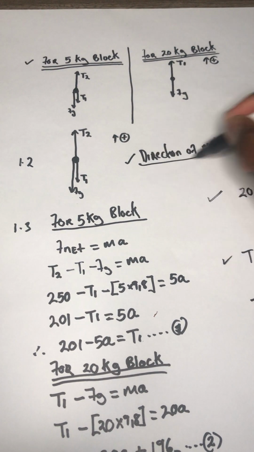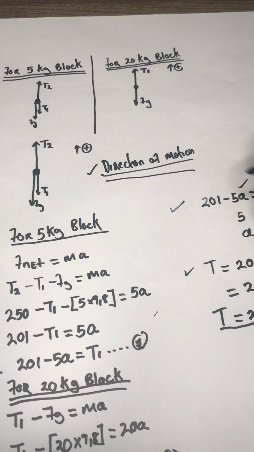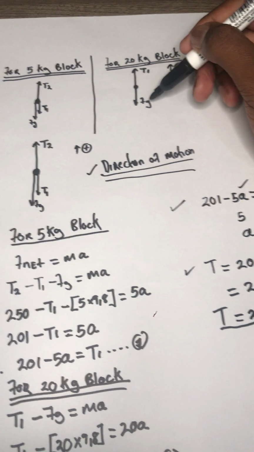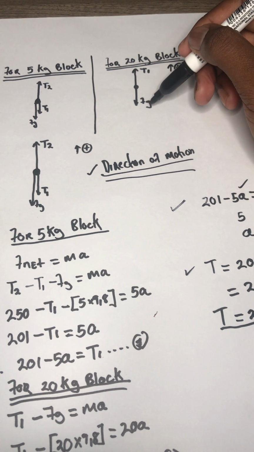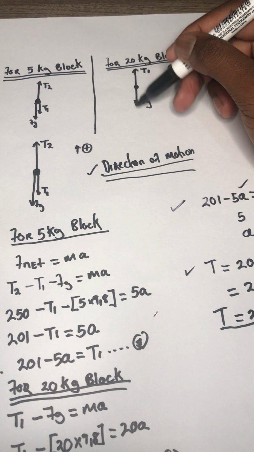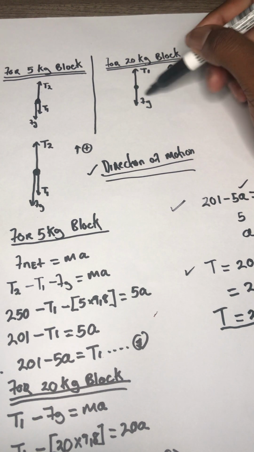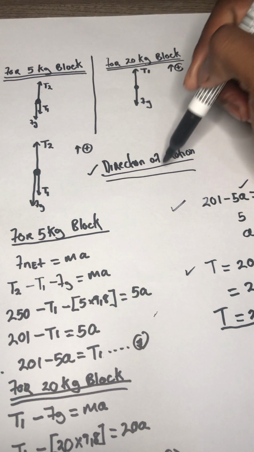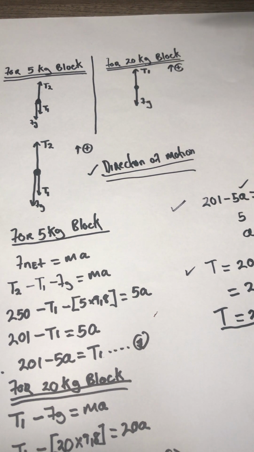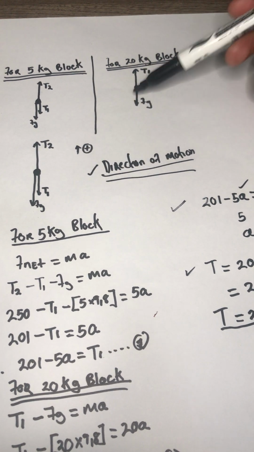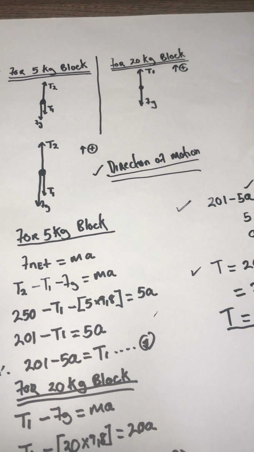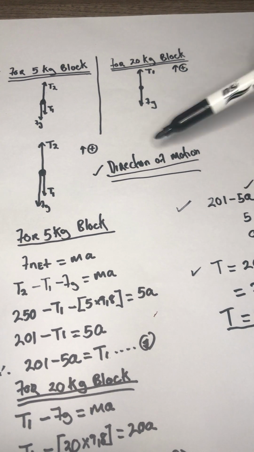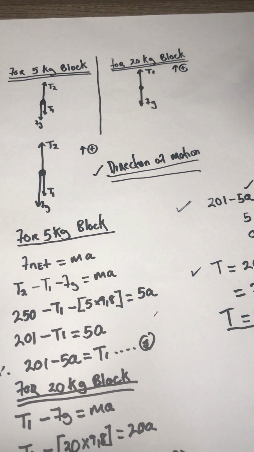Why is it important? Because if the object goes downwards, it means FG is positive, since FG pulls it downwards, and the tension will then be negative. So we pick the direction of motion as positive at all times. Direction of motion is key to these questions. They are usually not hard, but we usually make mistakes by picking the direction wrong.